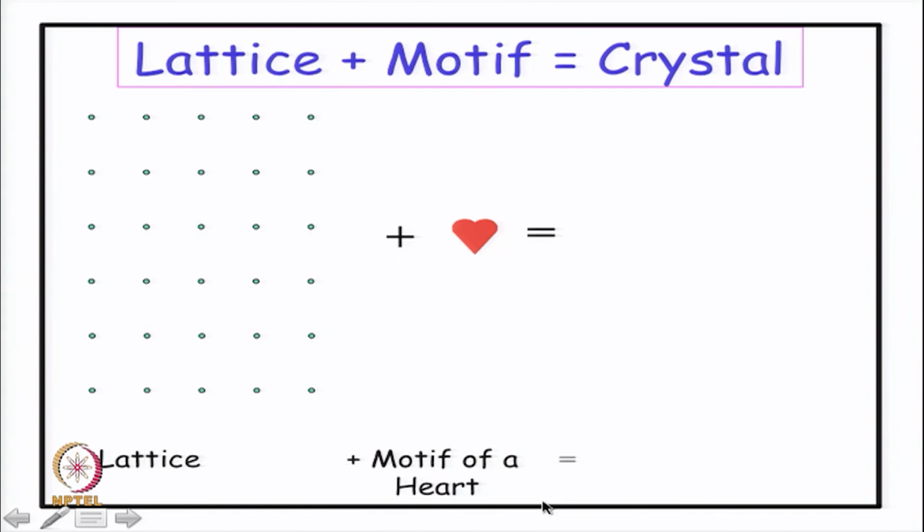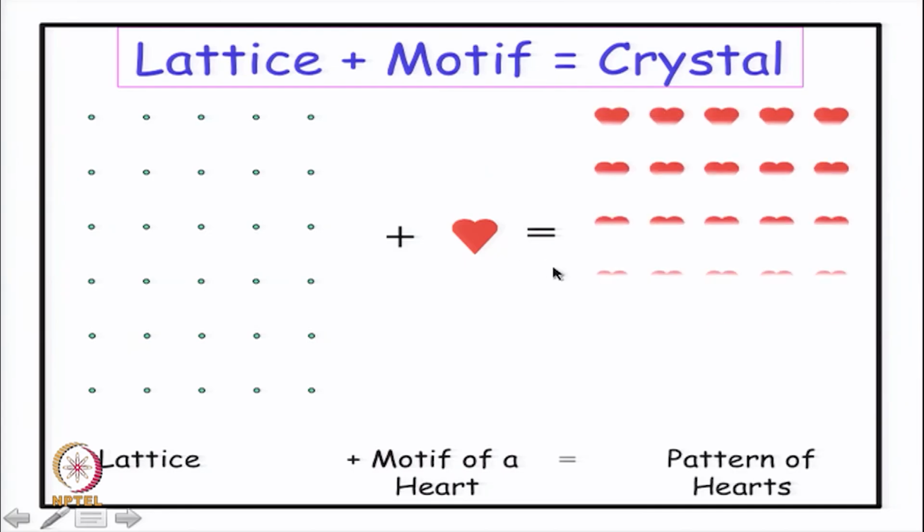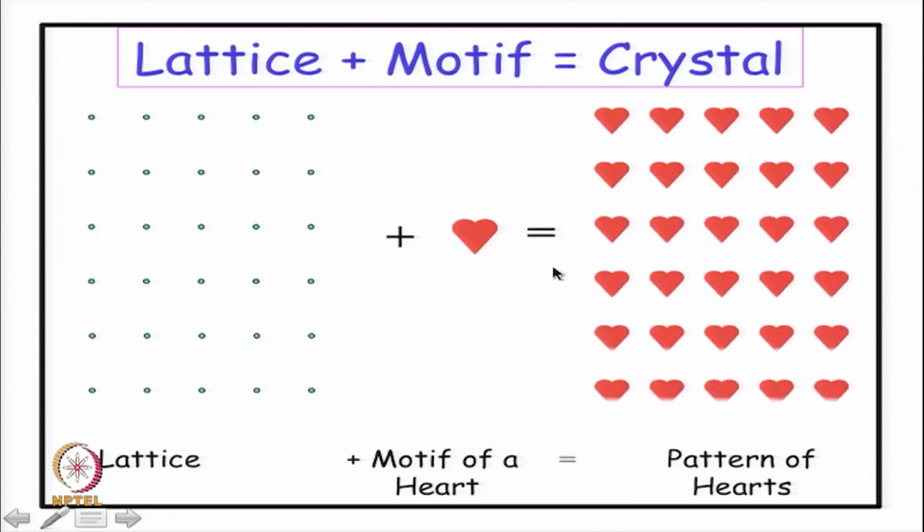So, this is the motif of this pattern. If I start associating one heart with each of the lattice points, I generate the pattern of hearts, which is the final pattern. So, this pattern is analyzed in terms of a lattice which tells me how to repeat and a heart which is telling me what to repeat. The same process can be done for 3-dimensional crystals, which we will do as we progress in this course.